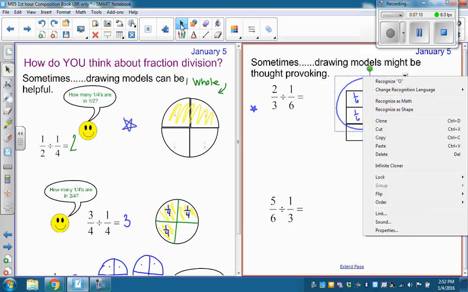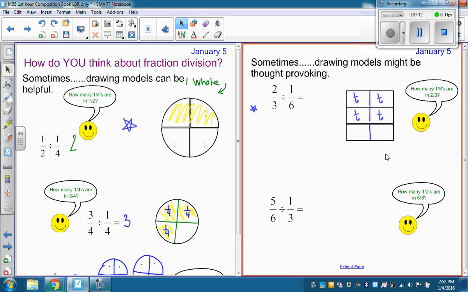Stick it back together. So there's 6 1/6 slices in a whole. But in 2/3, there are 4 1/6 slices.